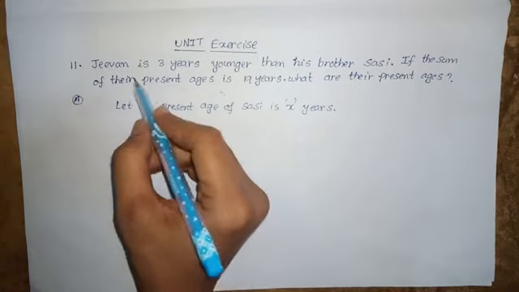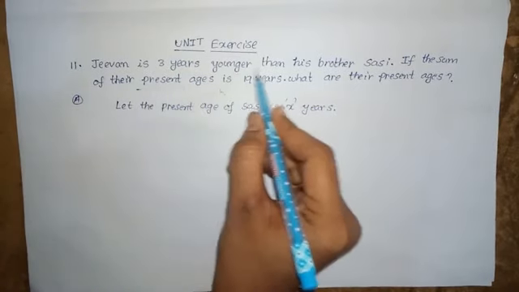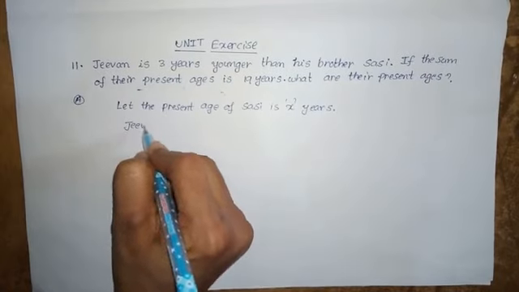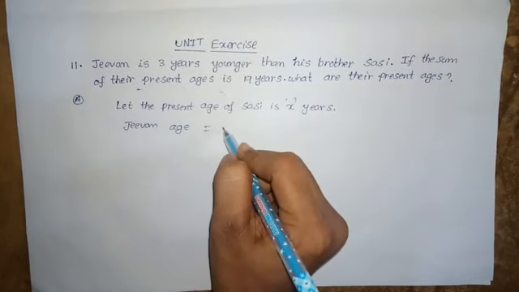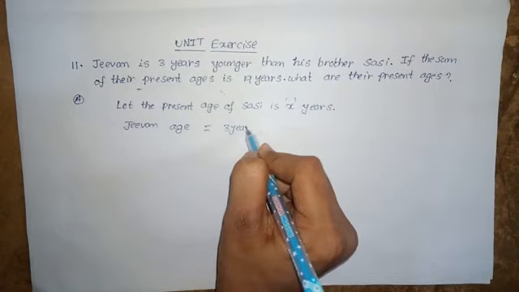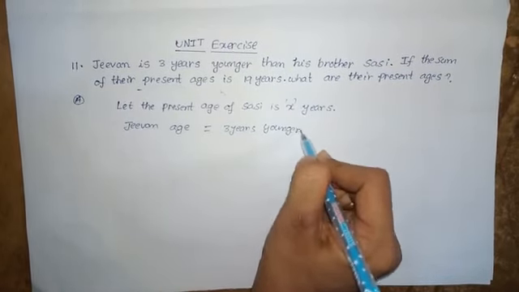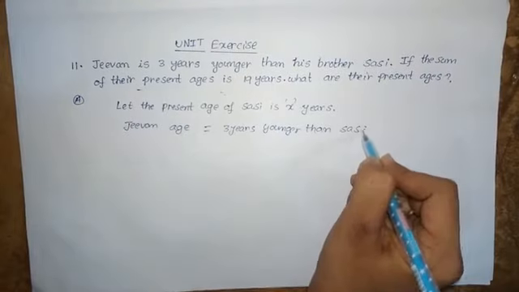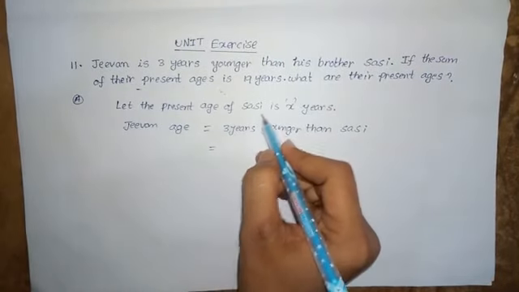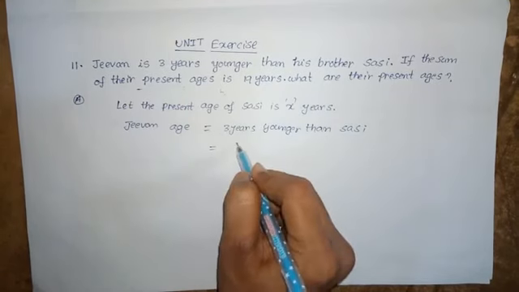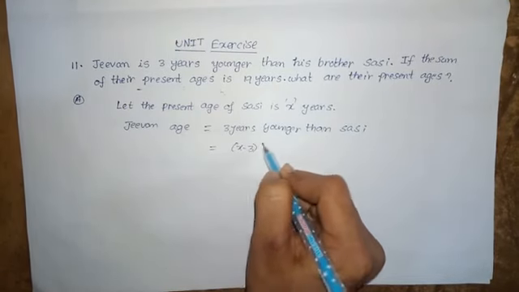So in the problem given, Jeevan is 3 years younger than Shashi. So Shashi's age is x years. So 3 years younger means x minus 3 years.